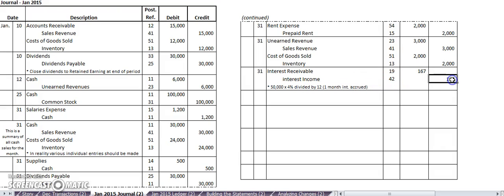That's going to be revenue on the revenue side for me, and I'm going to create an asset, interest receivable, of $167. So we're accruing an income whose cash flow has not been received yet.